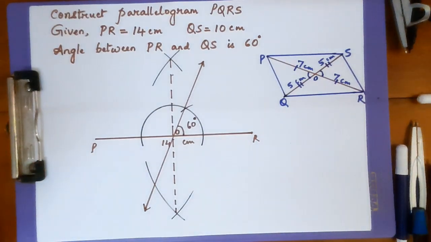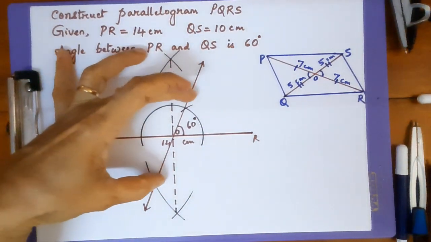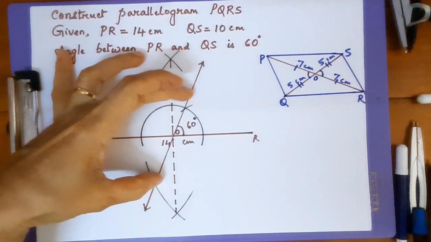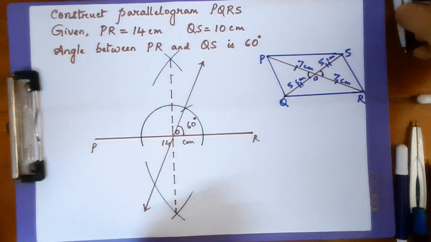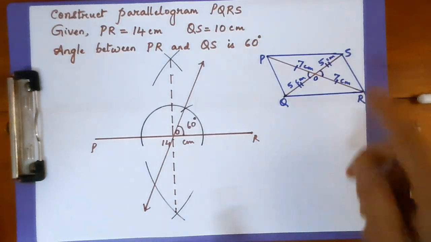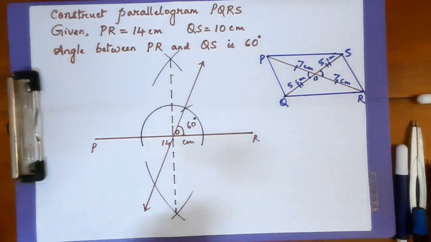We have to locate now the other diagonal along this line. So we have to measure it 10 centimeter. Obviously, from the midpoint it measures half of 10.